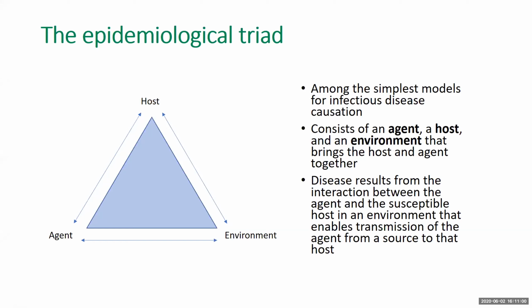The environment affects host distributions, densities, and interactions, and so on. But it can also directly affect the agent itself, if we think about how pathogens may be able to survive or not, even outside of the host, which can be affected by things like climate, humidity, and so on. Next slide, please.